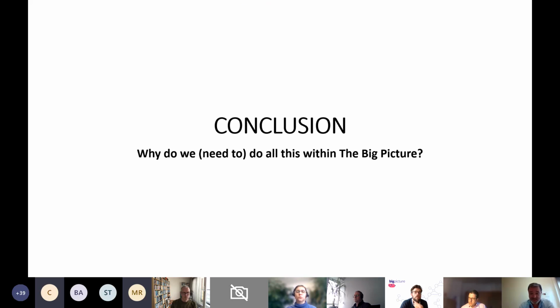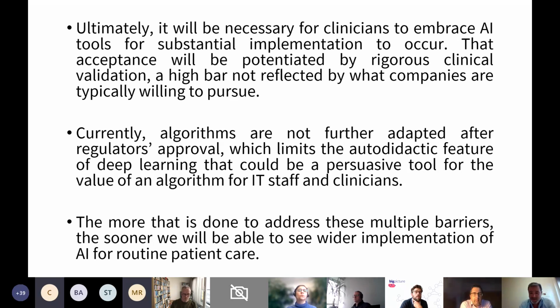In conclusion, why do we need to do all of this within the big picture? Coming from the same article which I mentioned at the beginning, published in The Lancet this week, clinicians will only accept, and that's true, will only accept AI tools in their daily practices if robust analytical and clinical validation are performed.